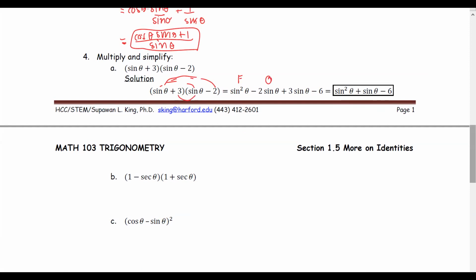The inner times inner terms, we have positive 3 times sine theta. And the last times last, which is 3 times negative 2, to get negative 6. After you multiply them, you see the like terms, the negative 2 sine theta and positive 3 sine theta. Combine like terms to get positive sine theta.